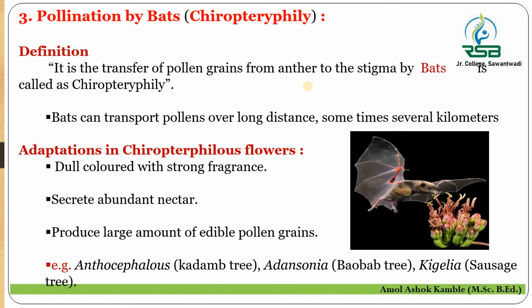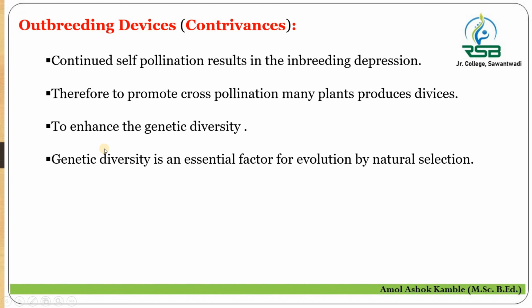So to avoid the self pollination and to facilitate the cross pollination, there are several outbreeding devices developed by the plants. It is also called contrivances. What are outbreeding devices? Outbreeding devices are to avoid the self pollination and to facilitate the cross pollination.